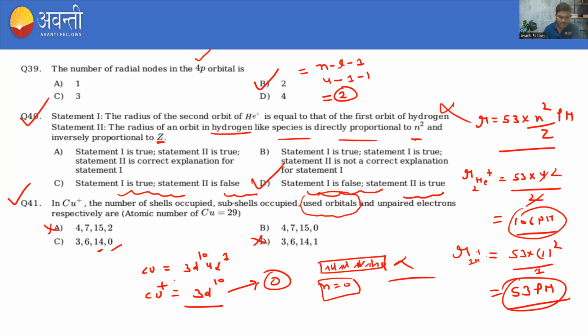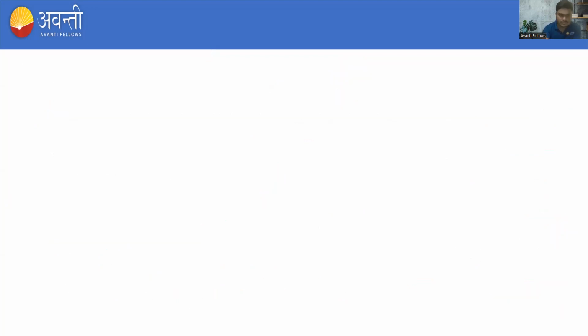The total number of shells occupied: 3d, which shell is it in? The third shell. So 3 shells. The subshells are s, p, d, so the number of subshells occupied is 6. And the number of orbitals filled is 14. So the number of unpaired electrons is 0. So which option is correct? Option B is absolutely correct for this question.